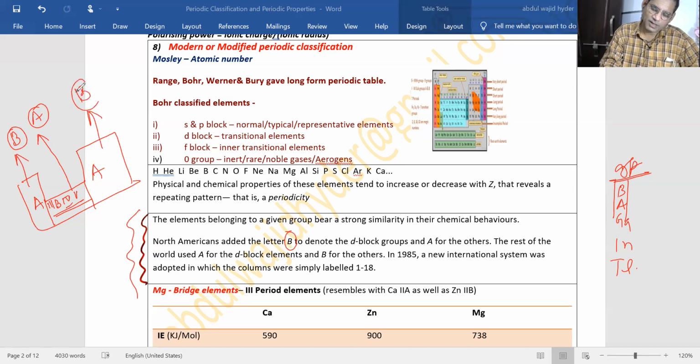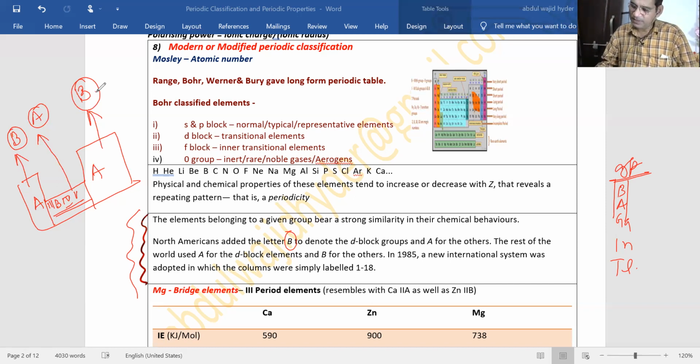So just remember, if S and P block elements are classified as A group elements and D block elements are classified as B group elements, then it is the North American classification. But if D block elements are classified as A group elements and S and P block elements are classified as B group elements, that is the rest of the world classification.